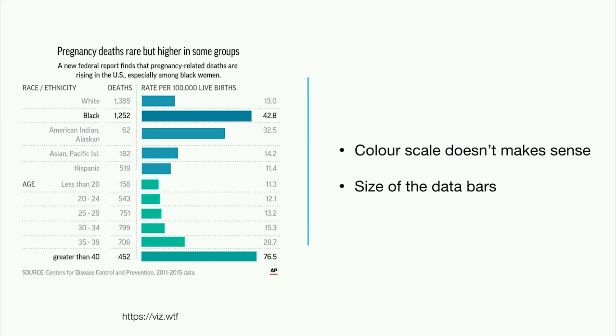But many times people are just trying to use the data. Here there are a few things: the colors don't make sense, there is a lot of data, and a lot of content on that visual. And the size of the data bars: if you look at the top data bar and the bottom data bar, the numbers and the sizes are so different. So these are mistakes we could quite quickly make.